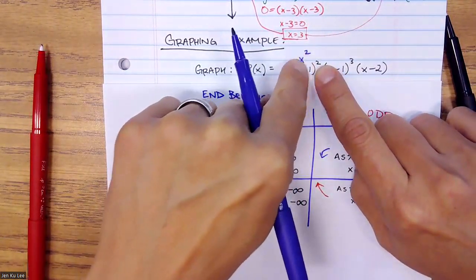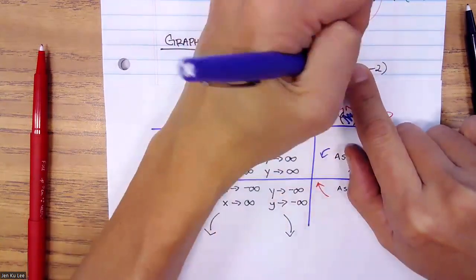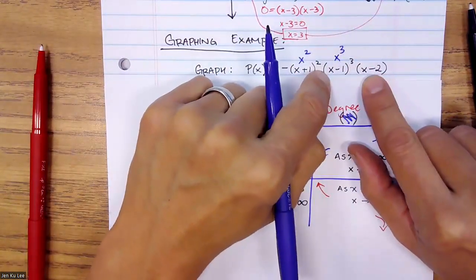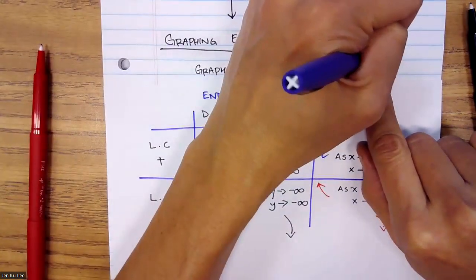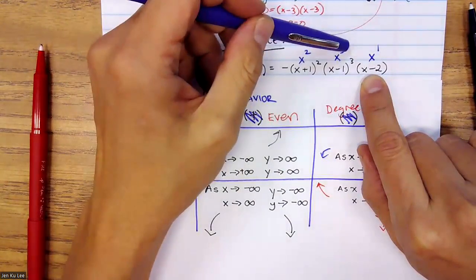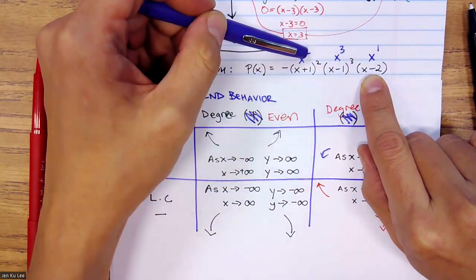Here I have an x and I have a 3. So here my highest degree is x cubed. Here I just have one x, so I have a power of 1, right? 3 plus 2 plus 1, that's 6, right?